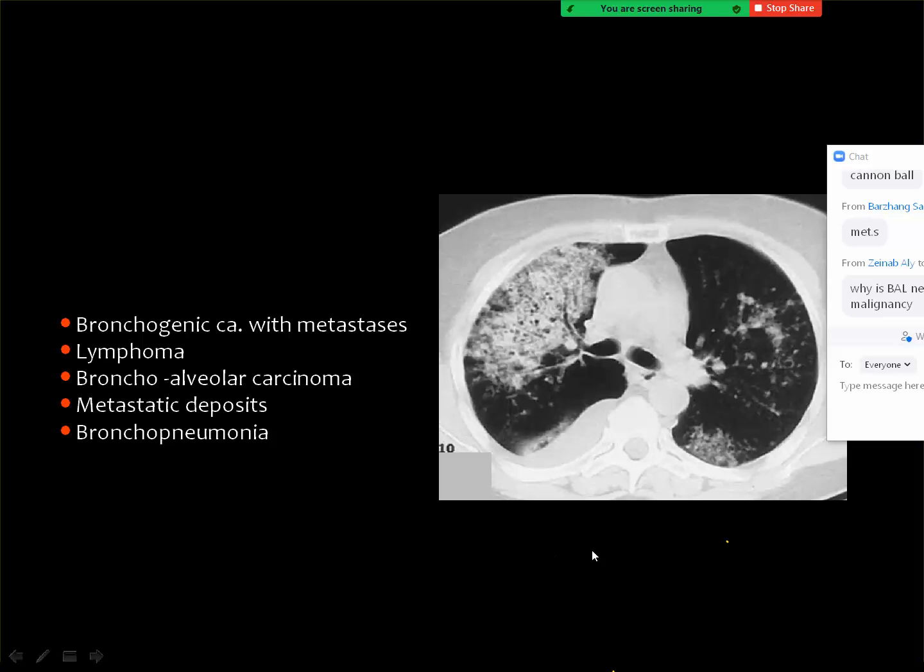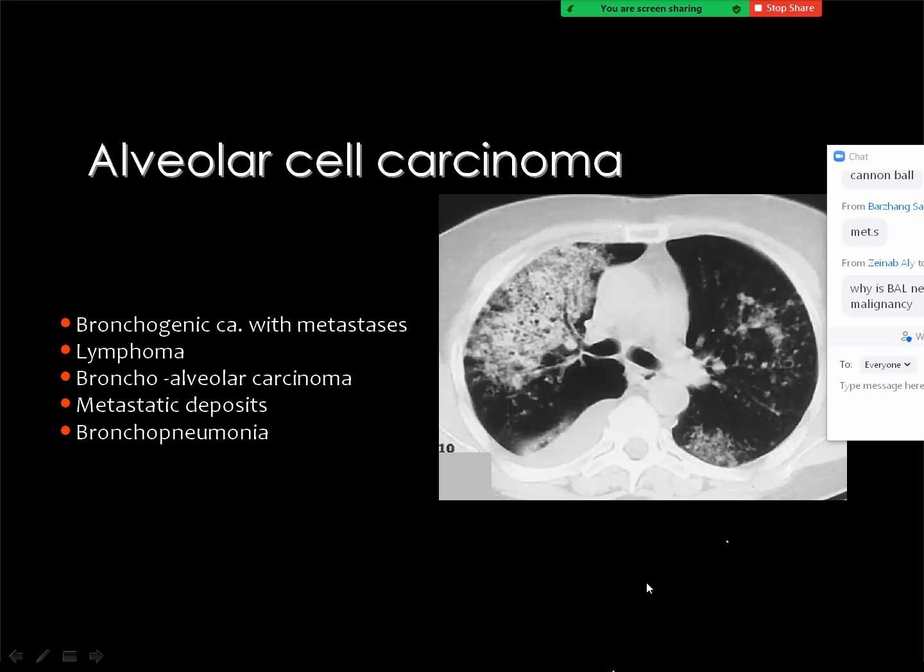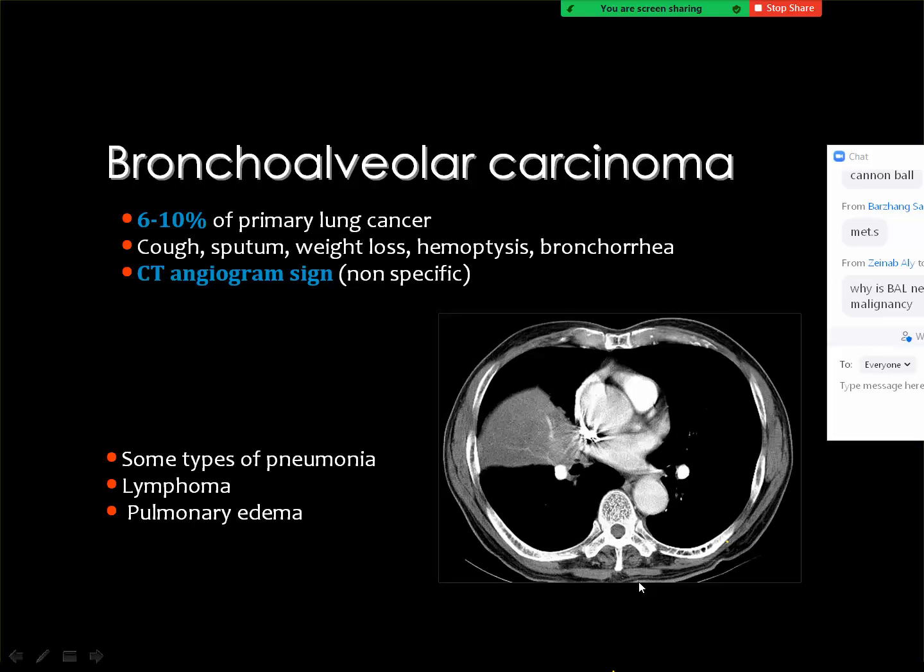You will not see some malignant cells in the bronchoalveolar lavage. Then the diagnosis is bronchoalveolar carcinoma. Bronchoalveolar carcinoma represents about 10% of primary lung cancer, and this is the presentation.